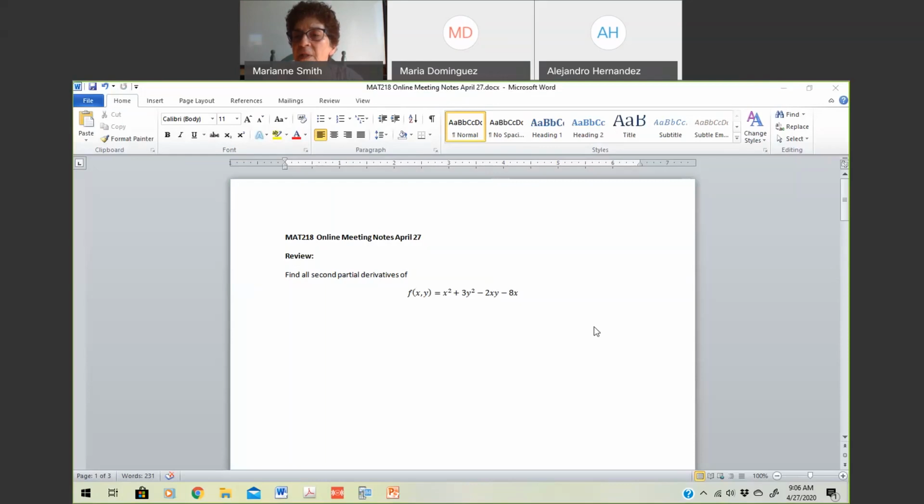Try this, I'll work on it with you, and then we'll come together, okay? But you give this one a try. Actually copy the function down and try to find the partial derivatives.